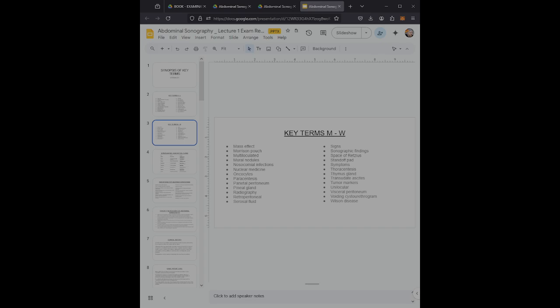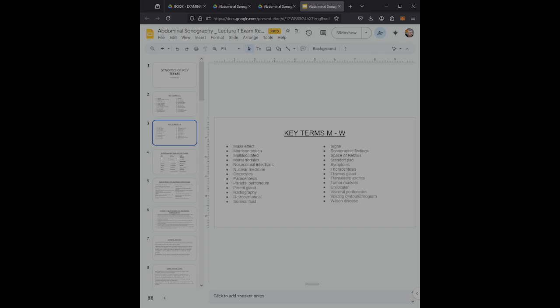Nosocomial infections, these are hospital-acquired infections. Nuclear medicine as a diagnostic imaging modality. Oncocytes, these are large cells of glandular origin. Paracentesis, in this procedure we use a needle to drain fluid from the abdominal cavity.